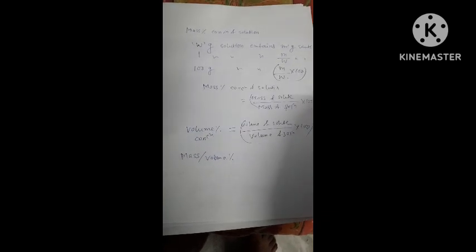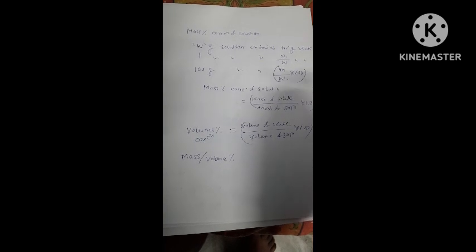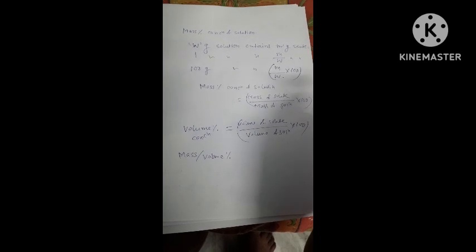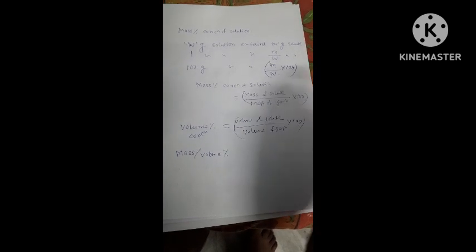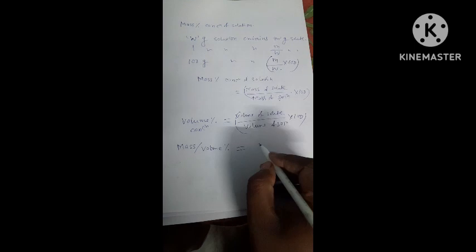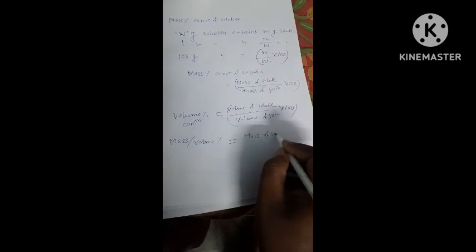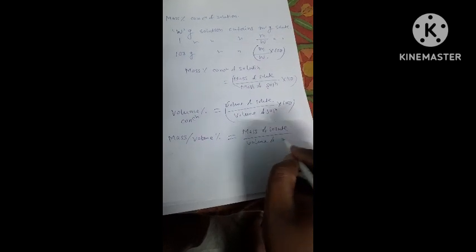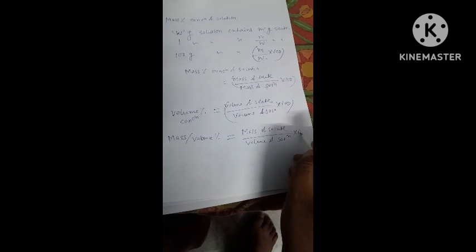So this mass by volume percentage concentration can be expressed like this way: the mass of solute present in 100 volume of the solution, or it may be the 100 ml or it may be the 100 liter, etc. So mass by volume percentage can be calculated by this formula: mass of solute dissolved in the solution divided by volume of solution into 100.